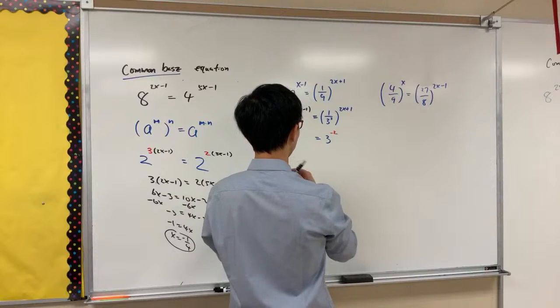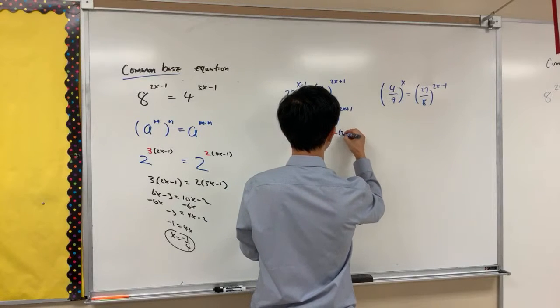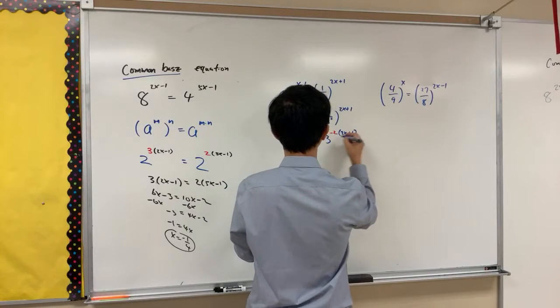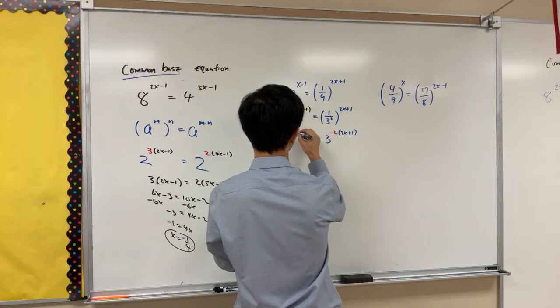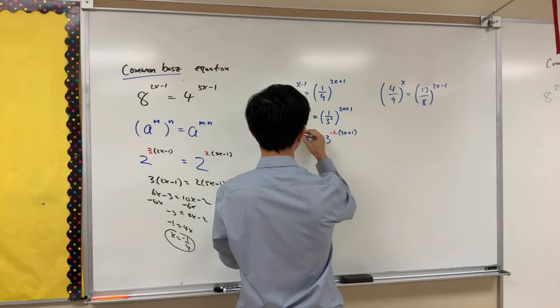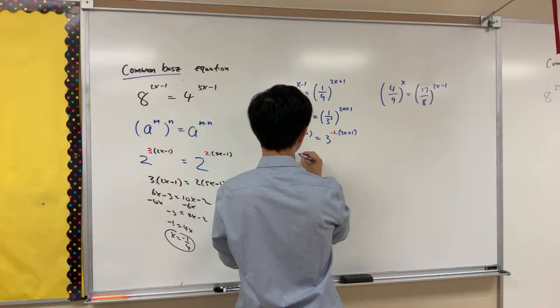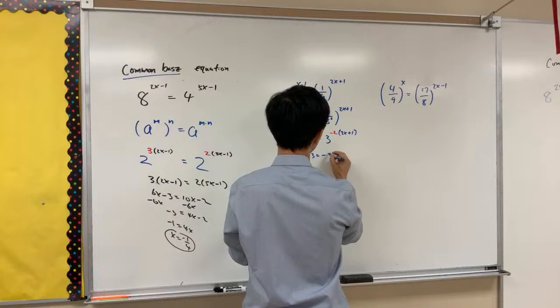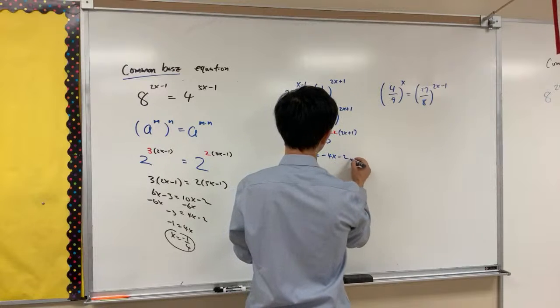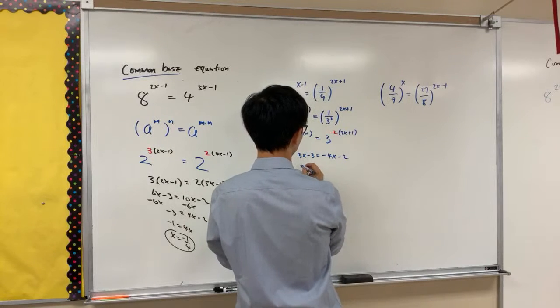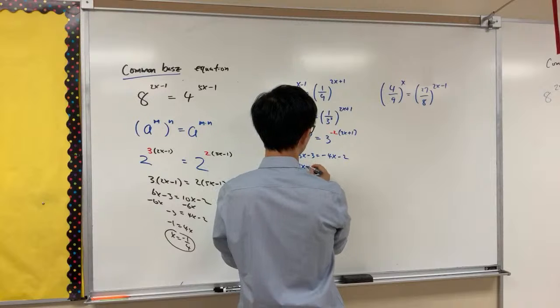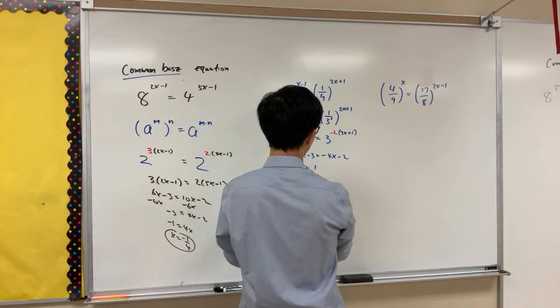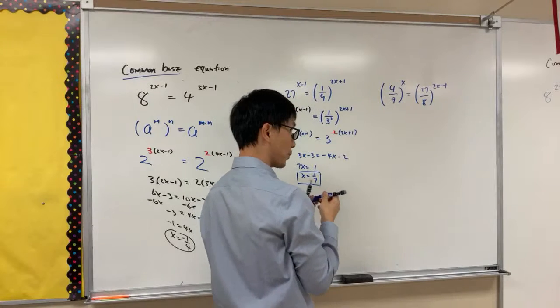So it's going to be 2x plus 1, and then the rest of them just stay. So 3x minus 1 gives 3x minus 3, which is equal to minus 4x minus 2. So that's 7x equals 1. x is equal to 1/7. And then you get an answer. A really nice, beautiful answer.